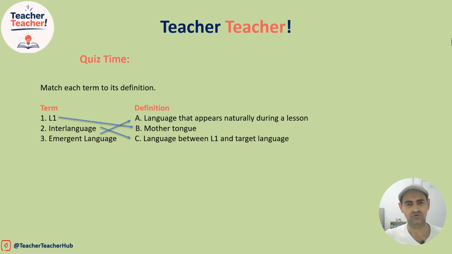By new, I mean you didn't have a plan to go through it, but you teach that special content only because it emerges in the classroom at the moment. So that's it. Let's move on to the next question.